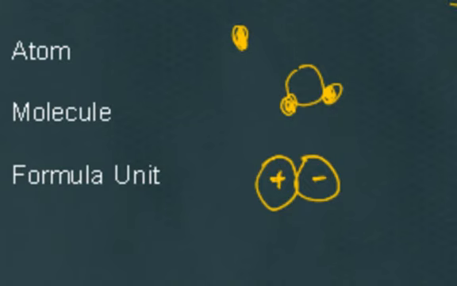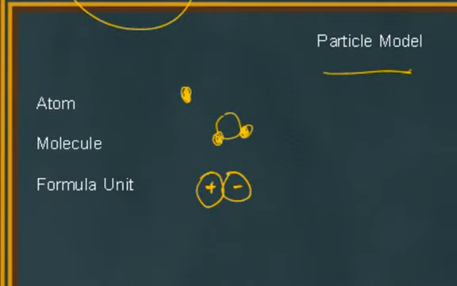But when we're using the gas simulator, and when we're first learning about these gas laws, we're going to be modeling these individual atoms, molecules, and formula units as particles. So whereas the model for the atom may look like this, the particle, we're just going to assume doesn't matter which element it is, all of the atoms are just a single sphere.